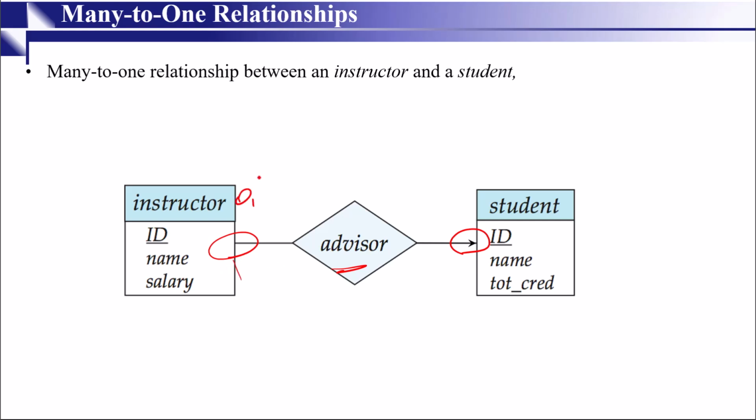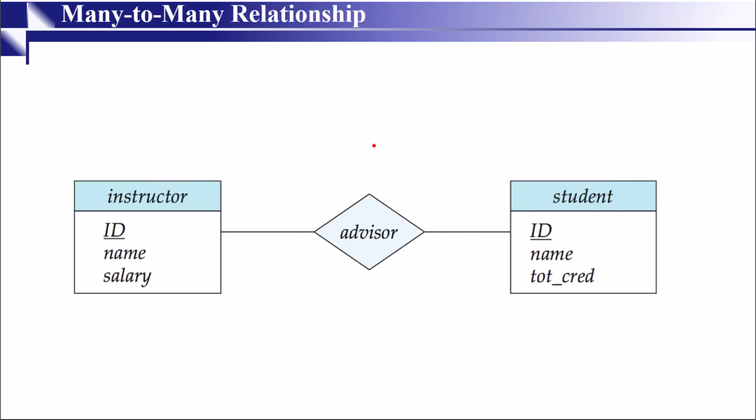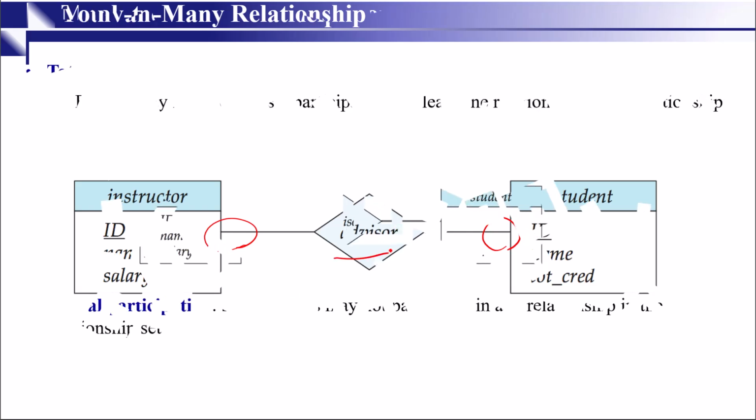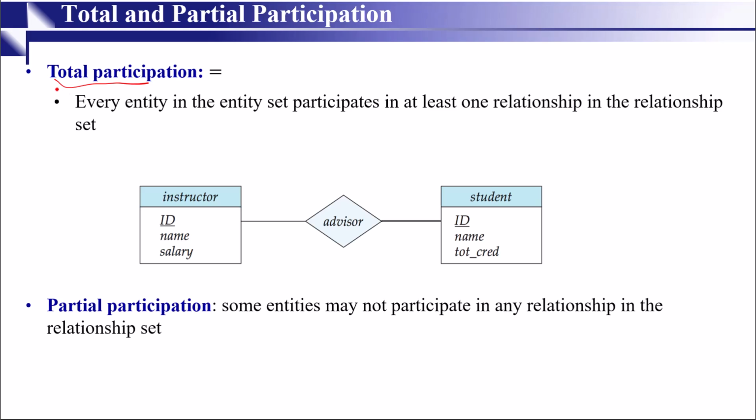So you can say 0, 1, 2, up to many via advisor. Here we can see an instructor is associated with several including 0 student, and also a student is associated with several, possibly 0 instructor via advisor. So here we can see total participation and partial participation.